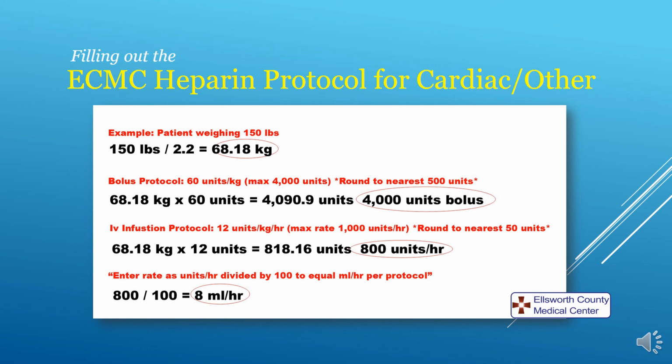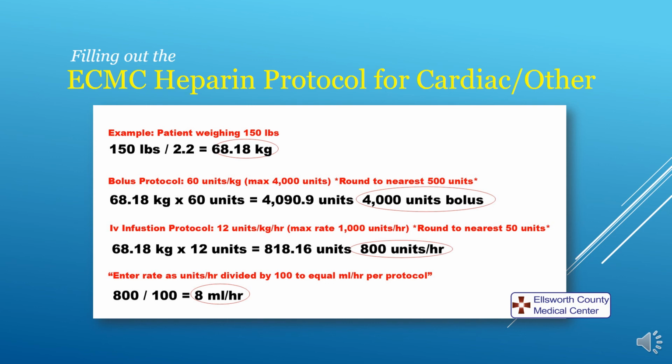The IV infusion protocol states 12 units per kilogram per hour, with a maximum rate of 1,000 units per hour. Round to the nearest 50 units. So 68.18 kilograms times 12 units equals 818.16 units.